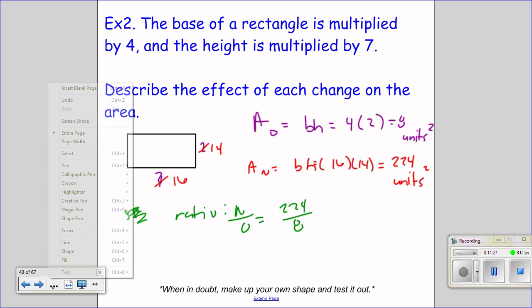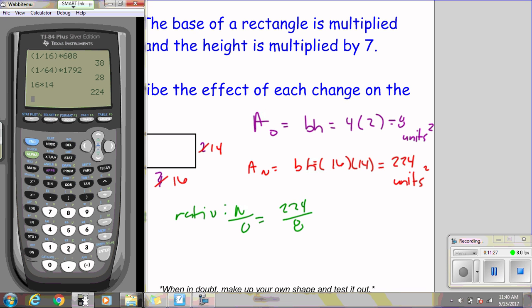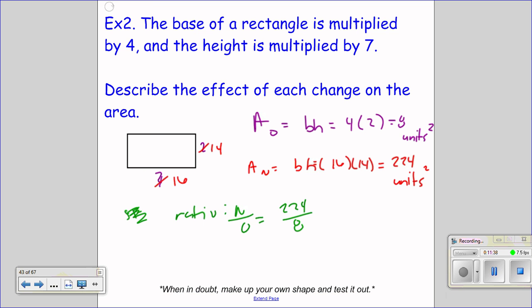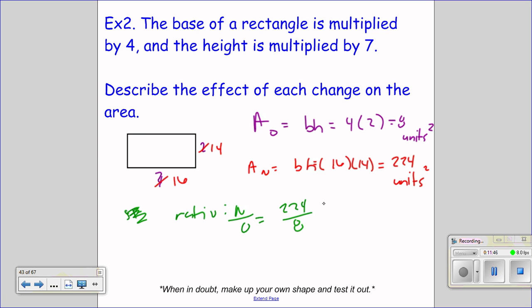Let's see if this can reduce. It reduces to 28 over 1. So the new area is 28 times larger than the original.